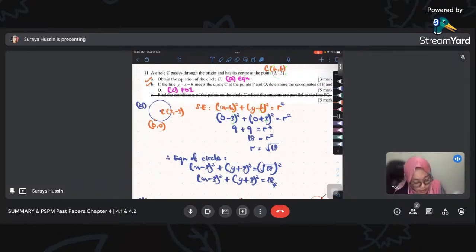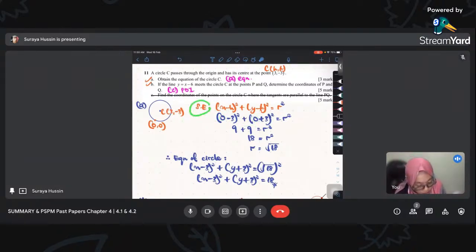Okay, the thing is passes through the origin. Oh, dia kata the circle is passing through the origin. Therefore, you boleh masukkan point origin ke dalam standard equation.